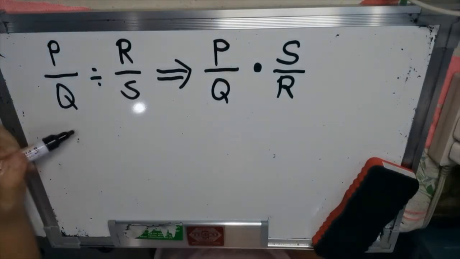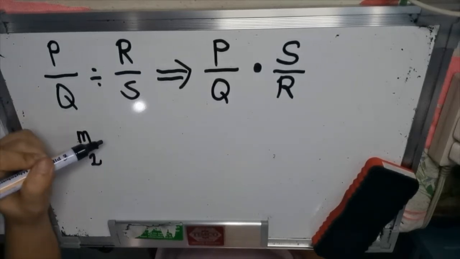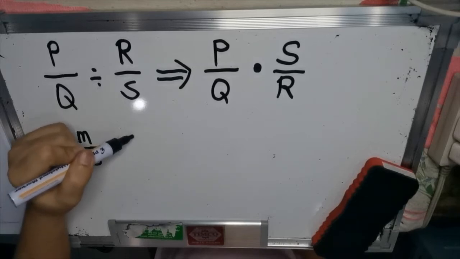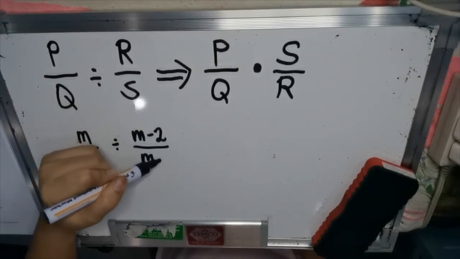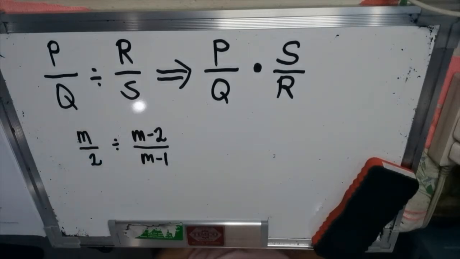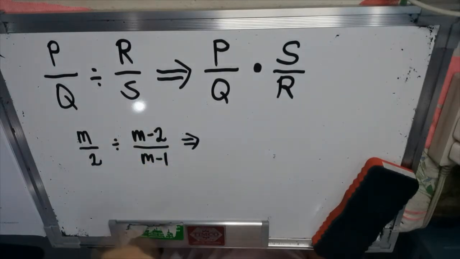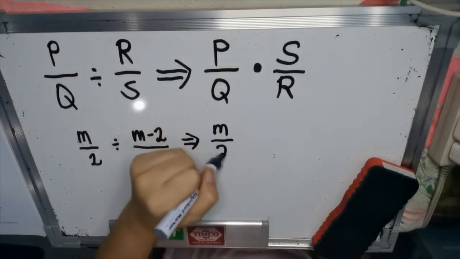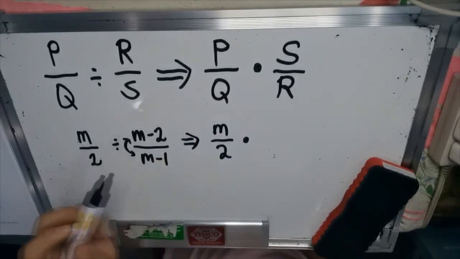So, say, for example, you are asked to find the quotient of m over 2 divided by m minus 2 over m minus 1. Ayan. So, simple lang. Gawin nating operation ay product, baliktad.